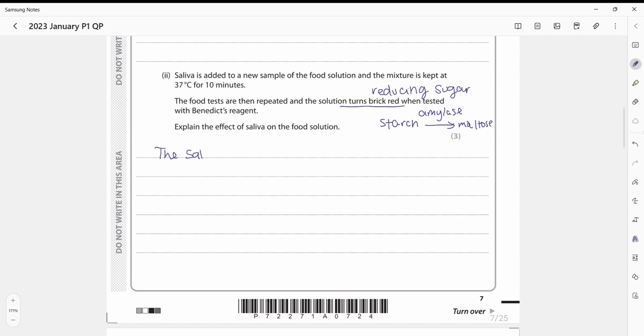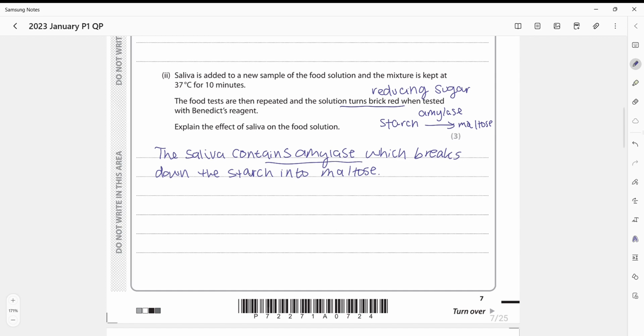The saliva contains amylase, which breaks down the starch into maltose. Okay, so the 3 marks would be, number 1 is amylase, another one is breaks down the starch, and then the 3rd mark is into maltose, or you could say glucose as well.